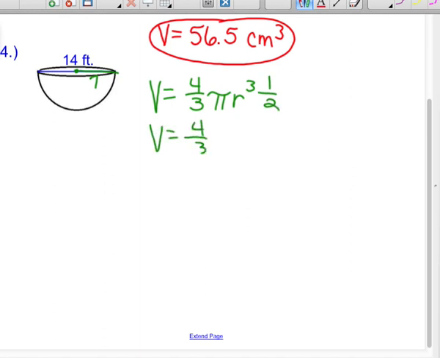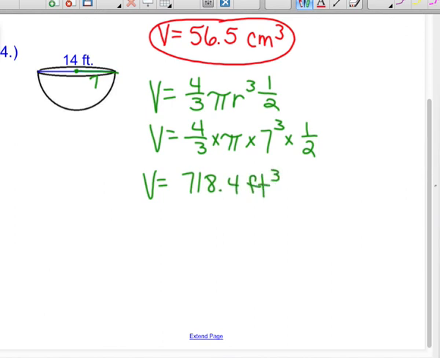I'm going to plug in my value for my radius, which we decided was 7 to the third power, which is not 21. Punch all this in my calculator, and I do a little bit of rounding, of course. Oops, always got to round to the nearest tenth. 0.4 cubic feet. Very good. Just following the steps, right?